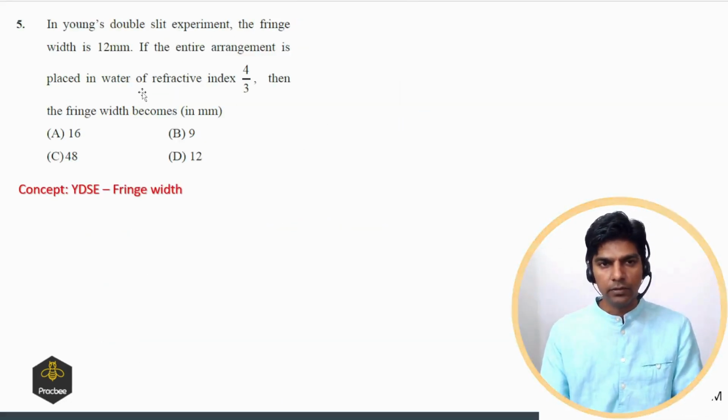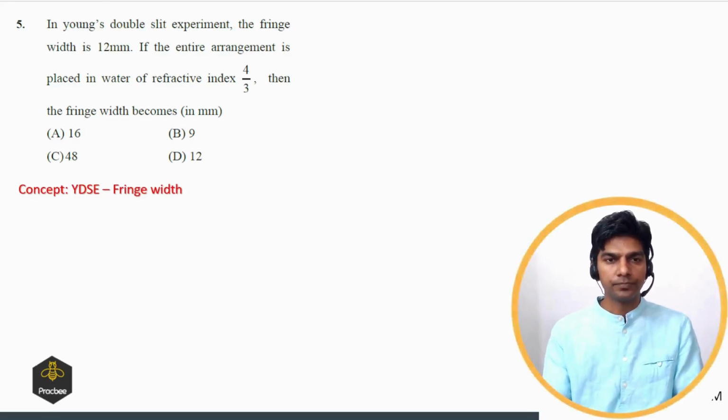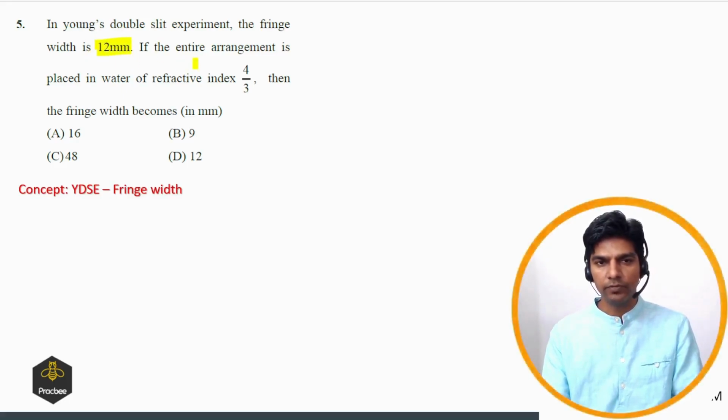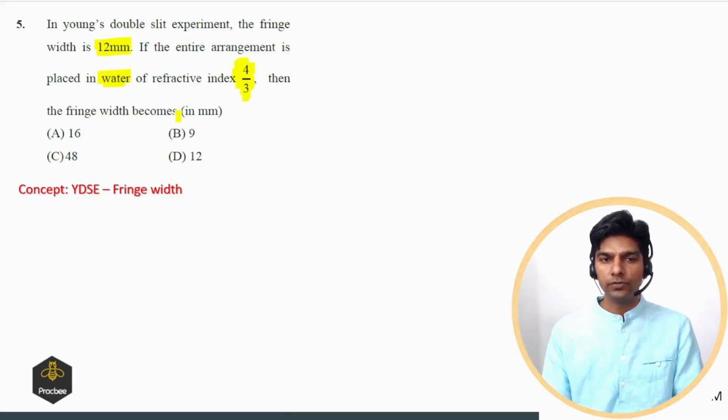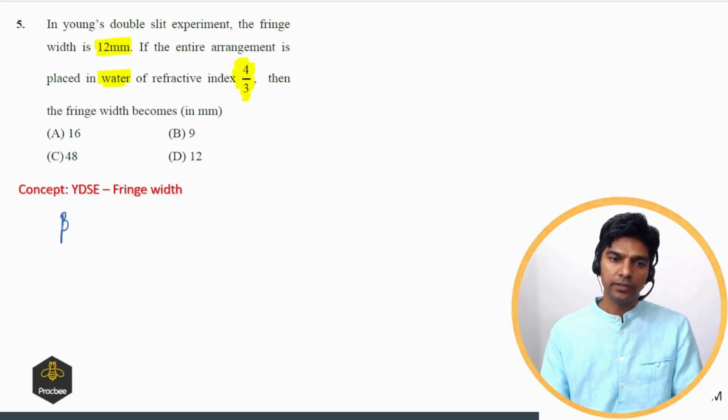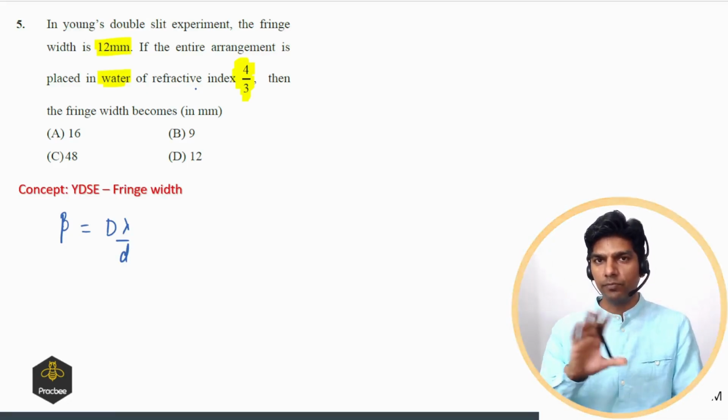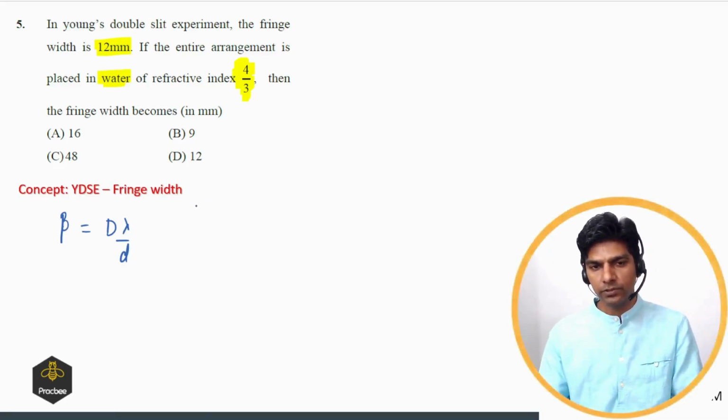Again, an illustration based on fringe width. In YDSE, the fringe width is 12 millimeter. If the entire arrangement is placed in water of refractive index 4 by 3, then the fringe width becomes what? We have to find the answer in millimeters. Beta is given as D lambda by d. Now if we change the medium, wavelength will change.